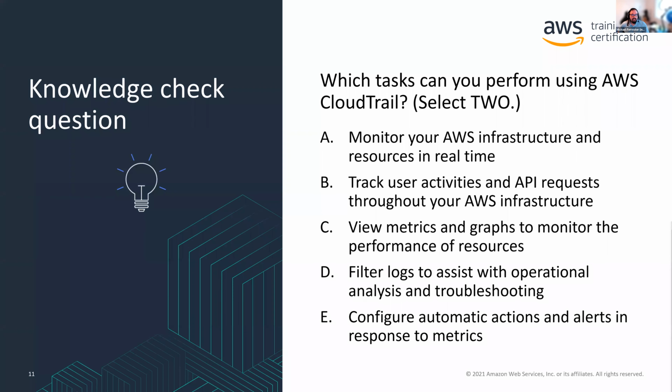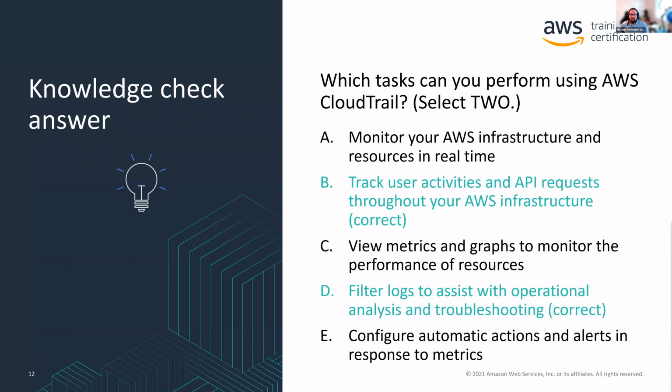All right, so we know that D is one of them. Good. The other one is actually B, track user activities and API requests throughout your AWS infrastructure. In other words, it can track AWS users and API requests against your infrastructure, but you cannot monitor infrastructure and services in real time. That's what CloudWatch is for. You can't view metrics and graphs.